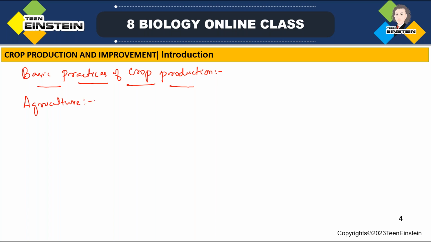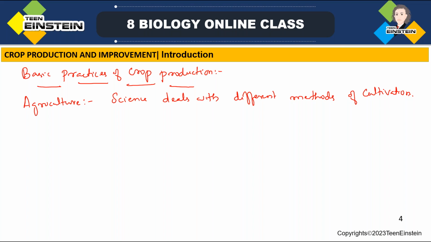In agriculture, this is the science which mainly deals with different processes or different methods, different methods which are used for cultivation. Agricultural science means a science which deals with the different methods of cultivation.